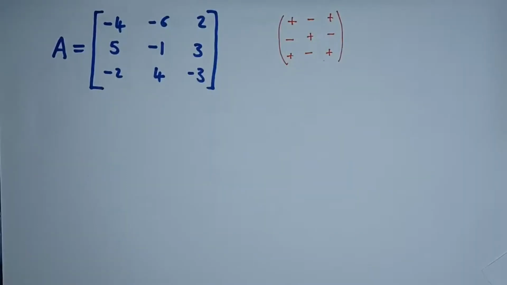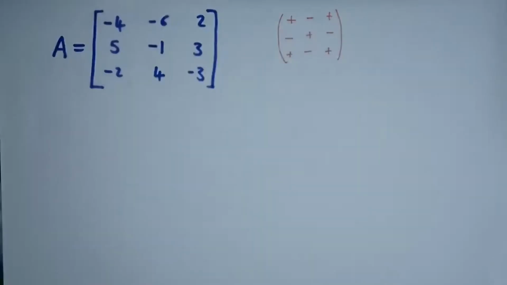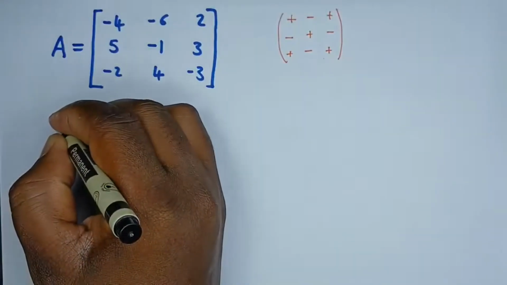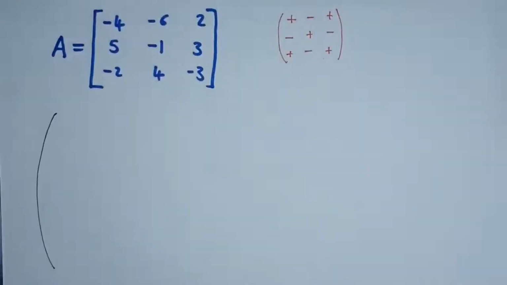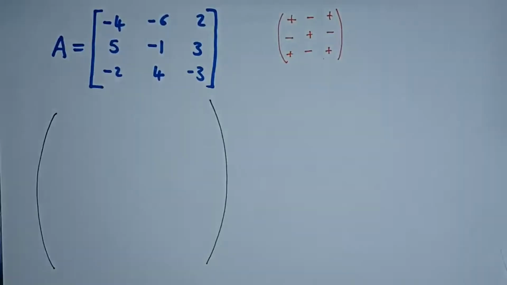Okay, so from there, we're going to create 2 by 2 matrices that we're going to use to find 2 by 2 determinants to get to the cofactor. So this is what is going to happen. I'm going to create a very big matrix this way. I want to create something very big, something like that. I want to create 9 2 by 2 matrices.